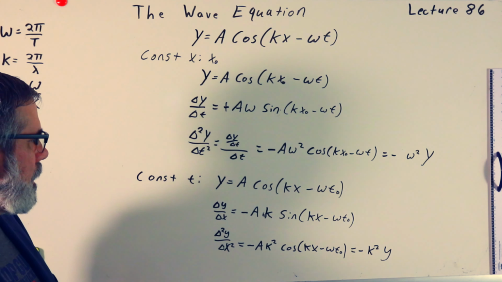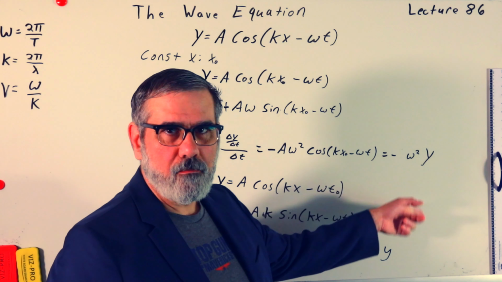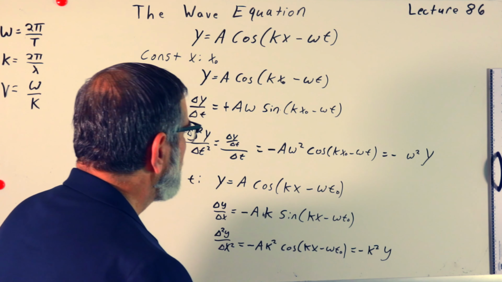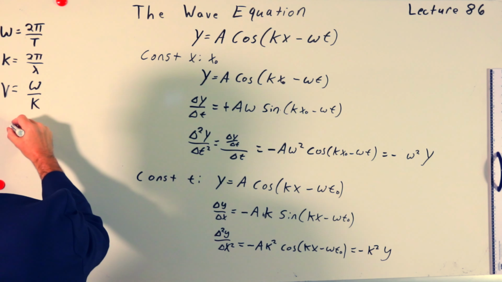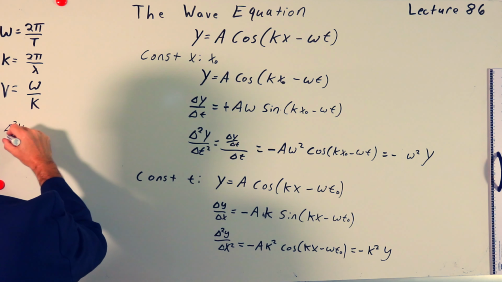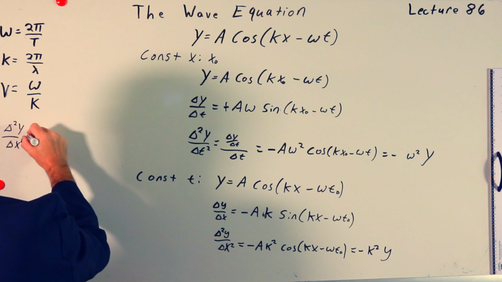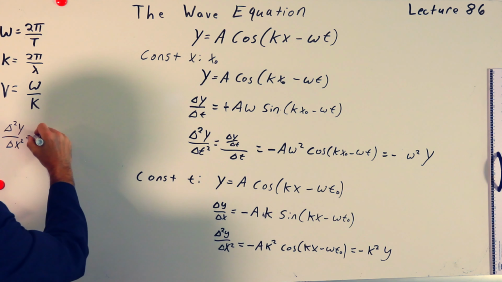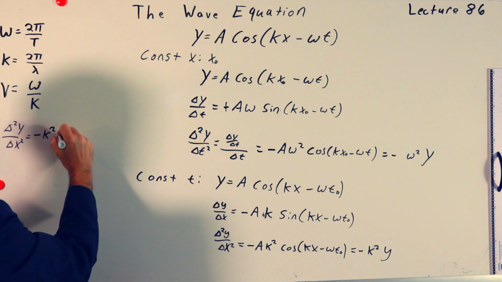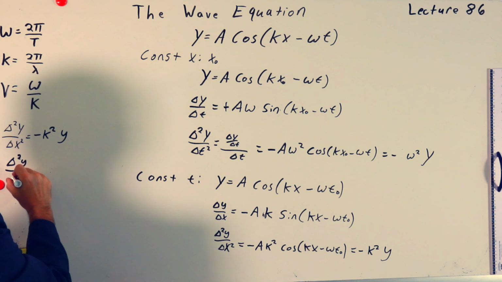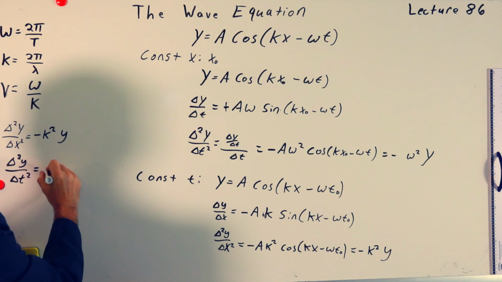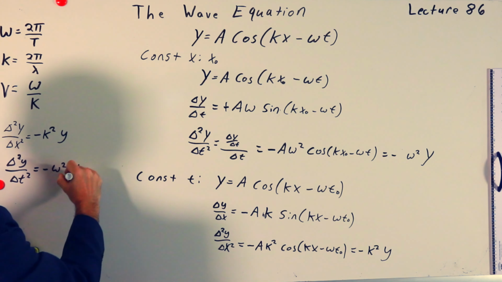Okay? All right. So we have two things that are equal to something times y, right? So let me just summarize that over here. So we've got that delta 2y over delta x squared equals minus k squared times y. And we have delta 2y over delta t squared equals minus omega squared y.